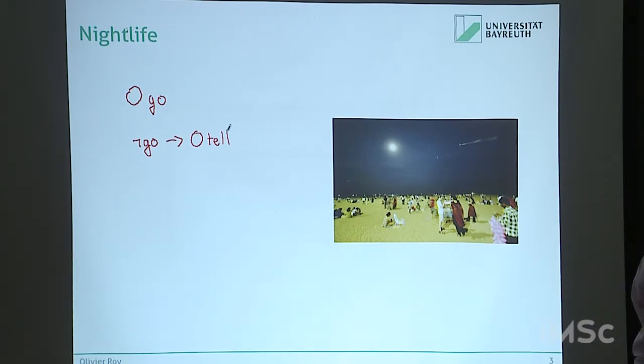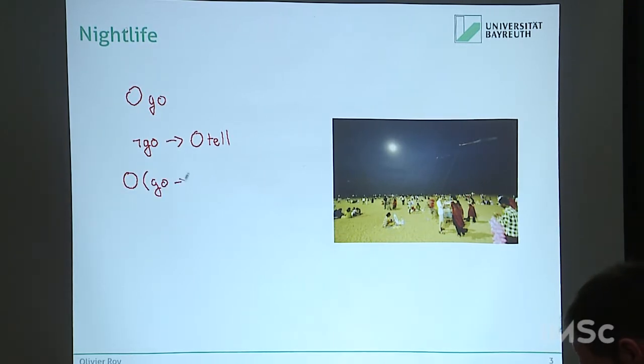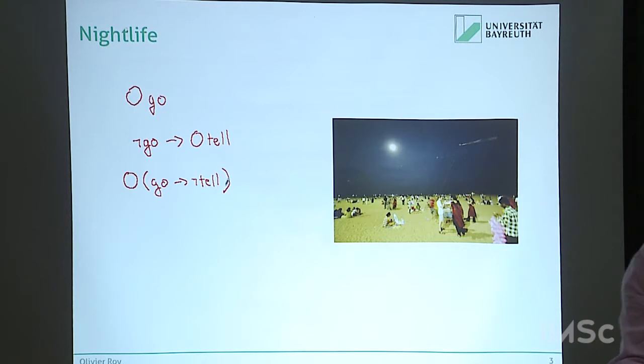That's the second step. The third one I'll write now is wide scope as I did, but we'll see many variations of it. It ought to be the case that if you go, you don't tell, where tell means tell that you're not going. But let's not multiply negations. So that's the third statement. And the fourth one is you are not going.